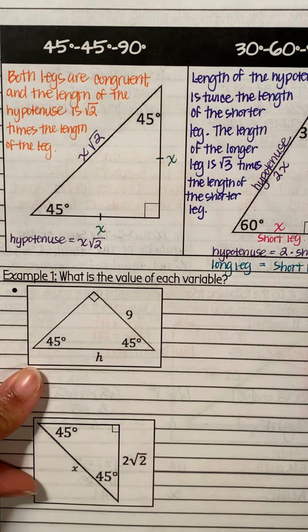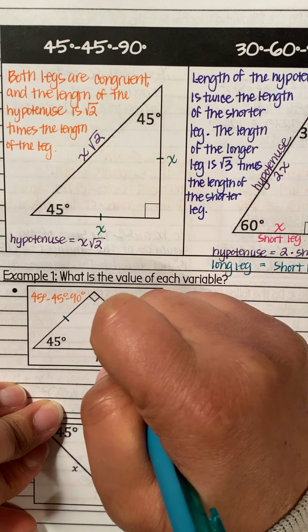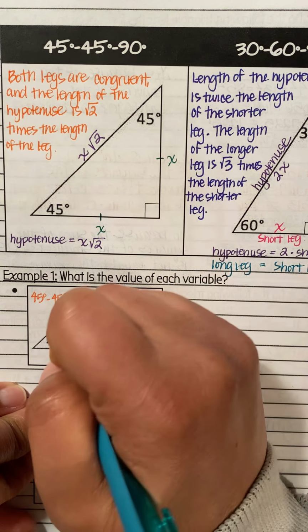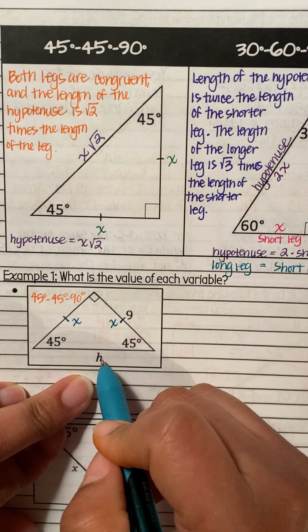We have a 45, 45, 90 degree triangle, so I'm going to write that up here, 45, 45, 90. We need to know what a 45, 45, 90 degree triangle looks like. I know that my legs are going to be congruent, so my legs are going to be x. And I need to find out what each variable is.